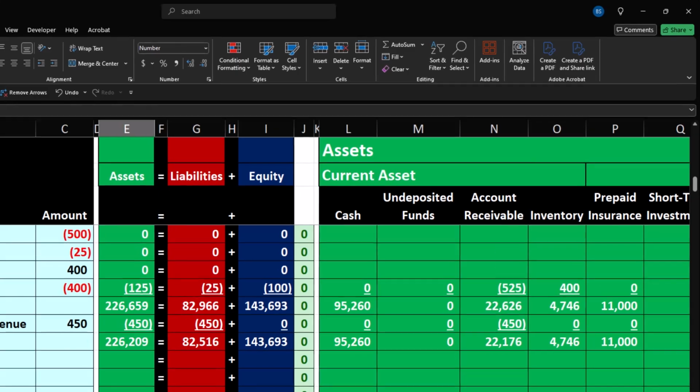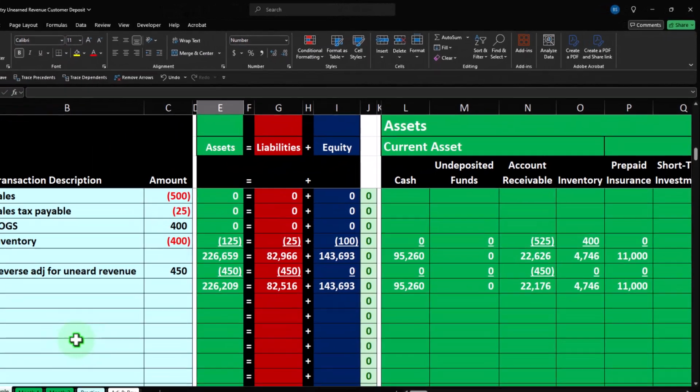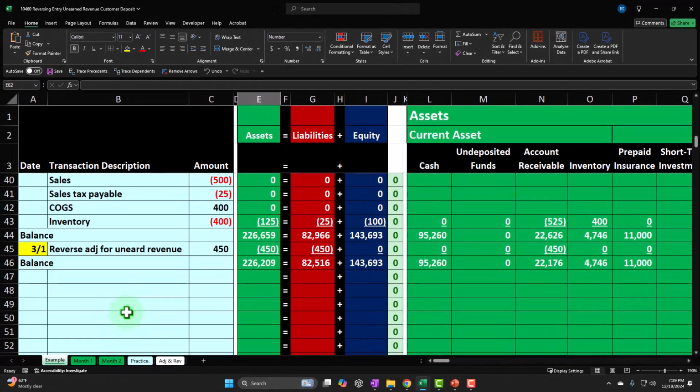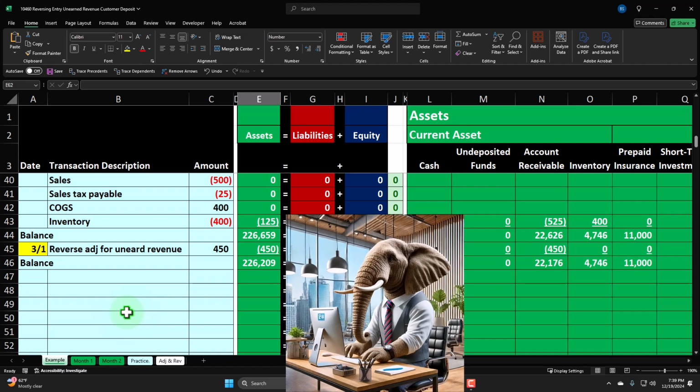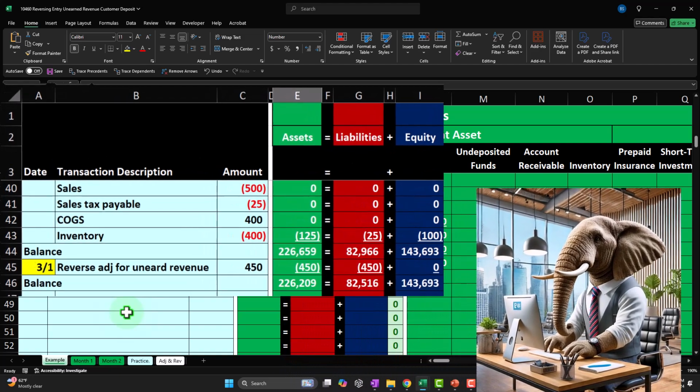Whereas at the end of the year, most likely, we need the adjusting entries at least at the end of the year so that we can format our financial statements more closely to whatever financial reporting basis we're using, whether that be accrual or at the least a cash or a tax basis for our tax preparation needs.